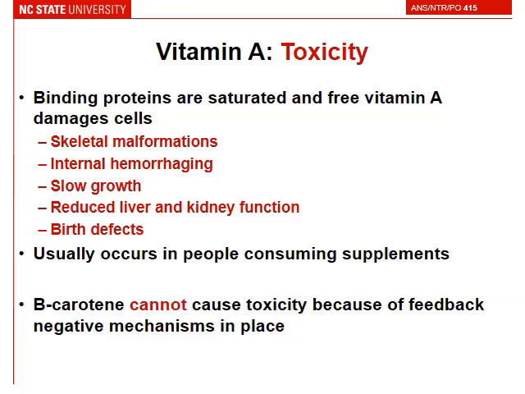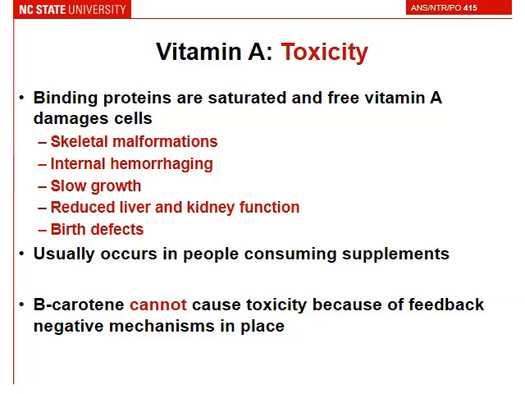It's very rare to have vitamin A toxicity. Naturally, you're never going to see it. Usually, it's going to occur in people by consuming too many supplements or over-consuming liver.